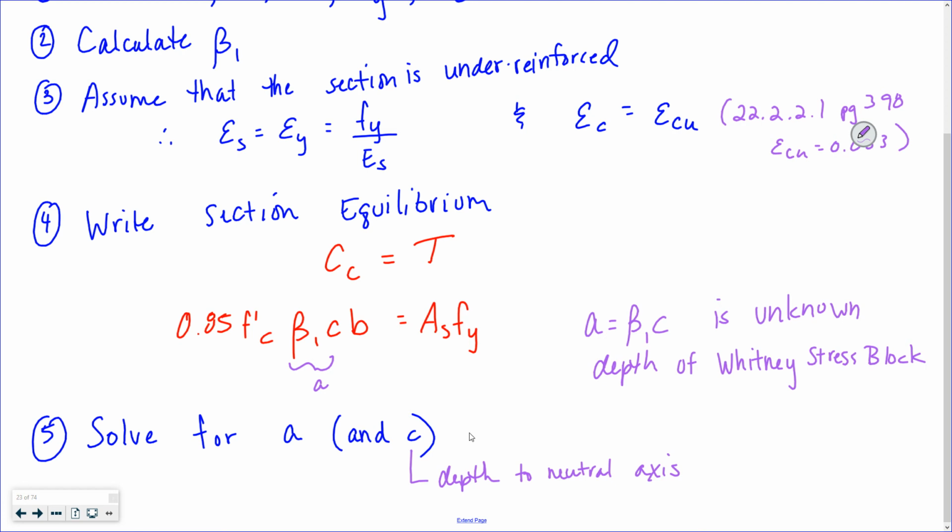They're related by that beta 1, which we already calculated. So I need to set equilibrium and solve for A and C.